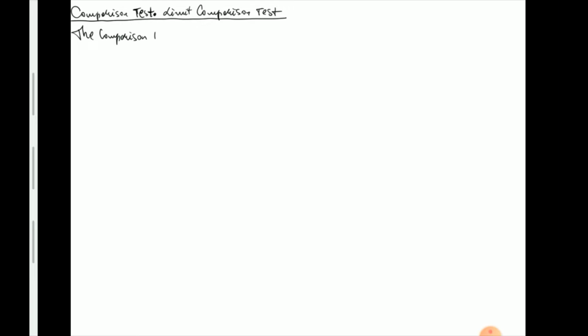By the way, both are comparison tests in the sense that you have a series and then you have another series, presumably easier to analyze, or a series for which you know whether it's convergent or not. Because of that comparison, you conclude what happens to the original series. So suppose we have two series, summation of an and summation of bn, series with positive terms.